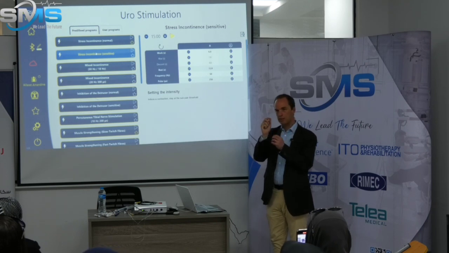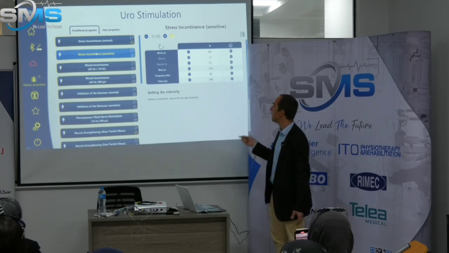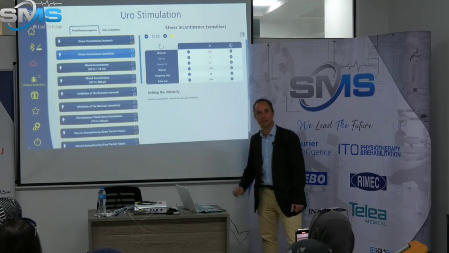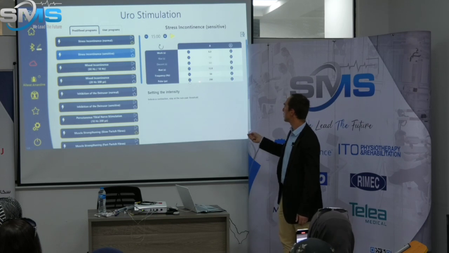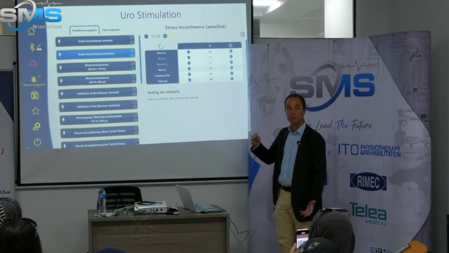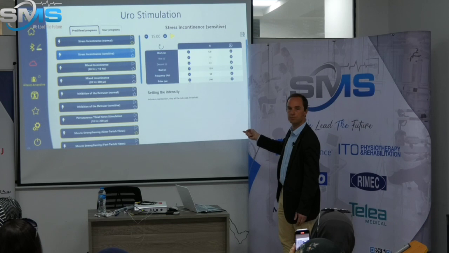So the electricity, we cannot feel it, but the pulse is shorter, and it's better when you're sensitive. But if my patient is really sensitive, I can even lower it a little. So I can adjust everything. That's one point that is often adjusted depending on your patient. And also at the opposite, if your patient doesn't feel anything, you can increase pulse width here.